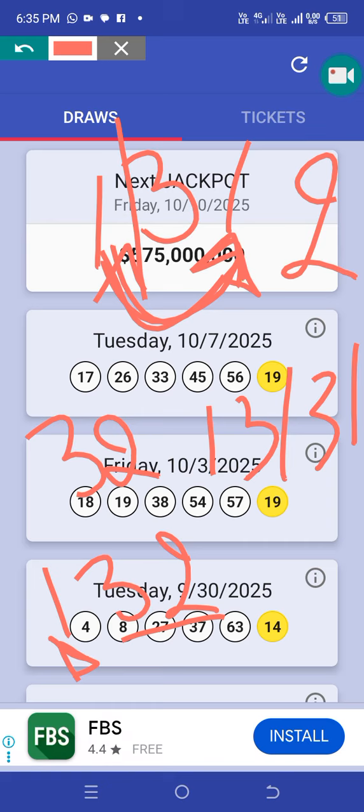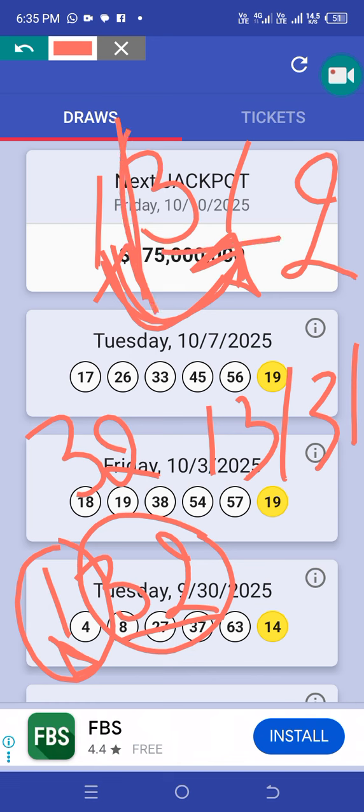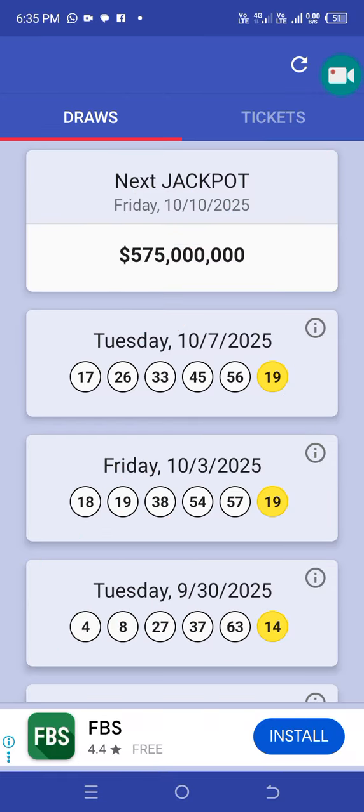Because if they added the 1 last time, doesn't mean that they must add 1 again. They can just play the number as it is, which is 31, or they can play the first and the last number, which is 11. So between 2 and 11, we can play only that. So we have 11, 13, or 31, and we have 2 as well, then 32.